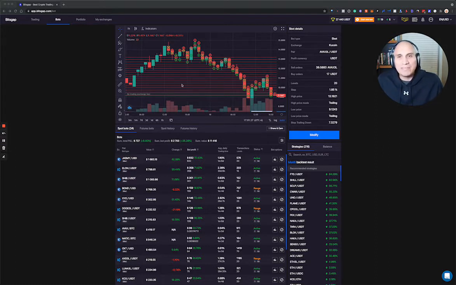And so this is Bitsgap, and like I said, we will work backwards, but just so you know, Bitsgap is an automated trading platform. Basically, it's a grid bot, and it takes these lines that you see on the chart, and it trades automatically. It'll trade cryptocurrencies from different exchanges, up to 30 different ones, and it'll trade within these grid lines for me. So right now the market's down.